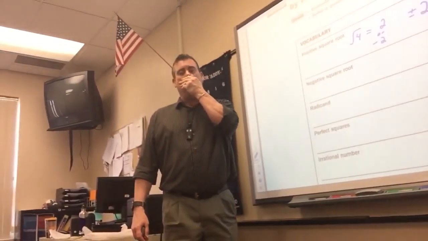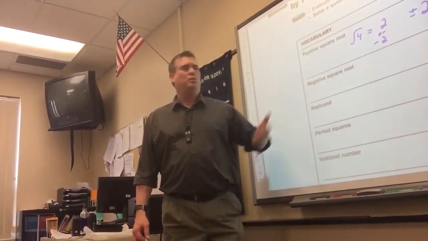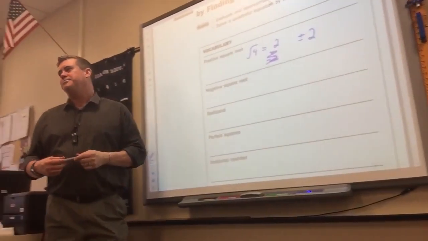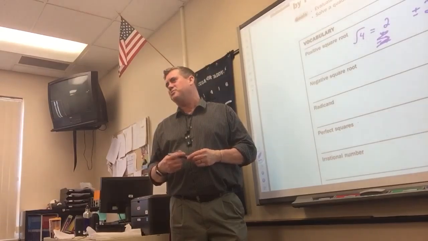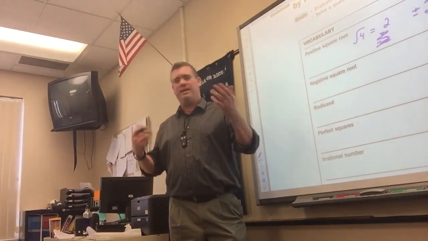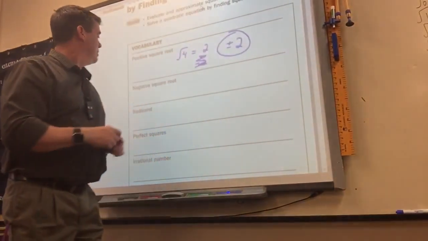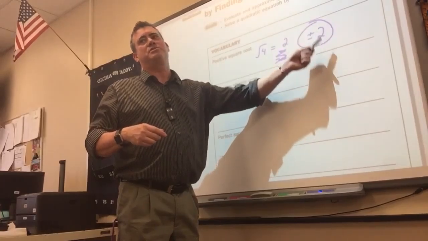Now, when we get to actual applications of square roots, we usually don't worry about putting the negative down, because a lot of these involve distance, and distance is never negative. But you just need to realize it couldn't be this.